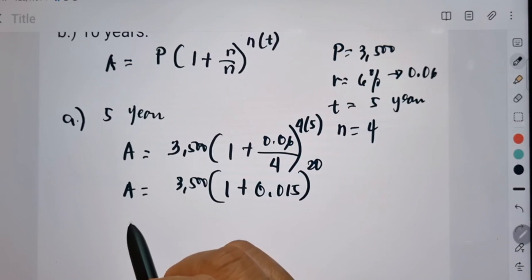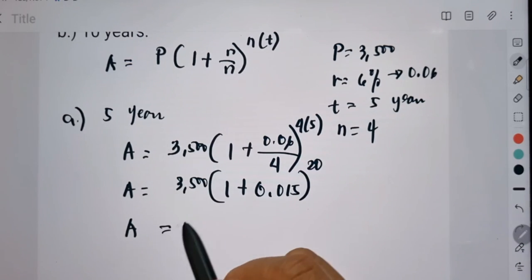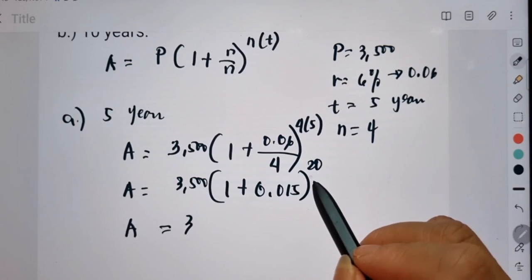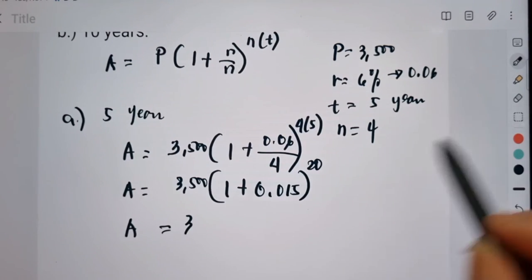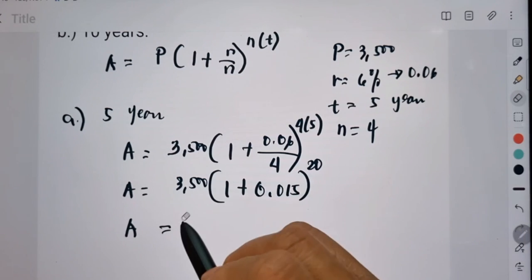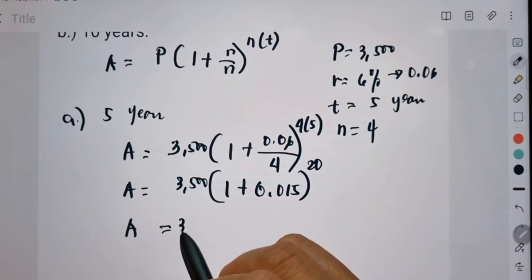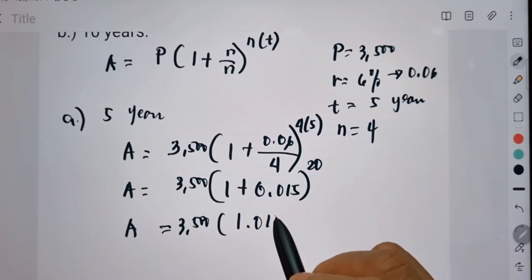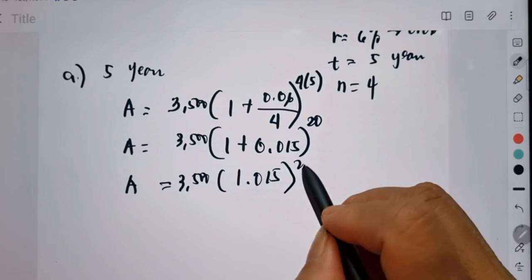Okay? So now, A is equal to, so erase nyo na muna ito. Okay? Sa 20. So ito magiging 3,500 times 1.015 raised to 20.